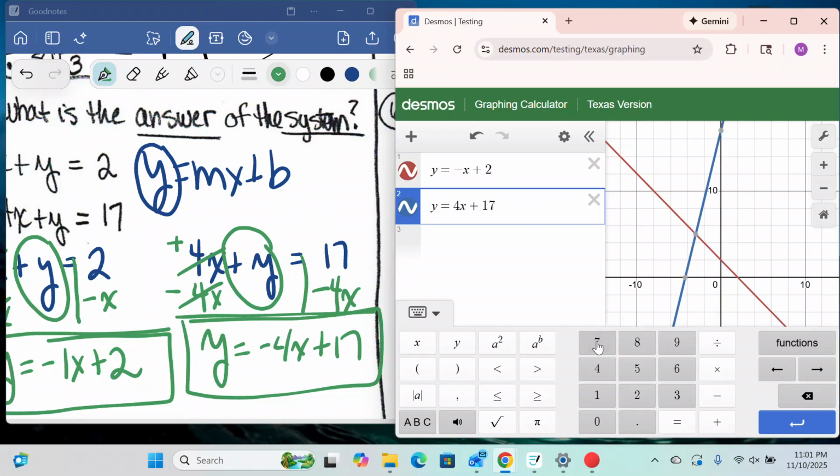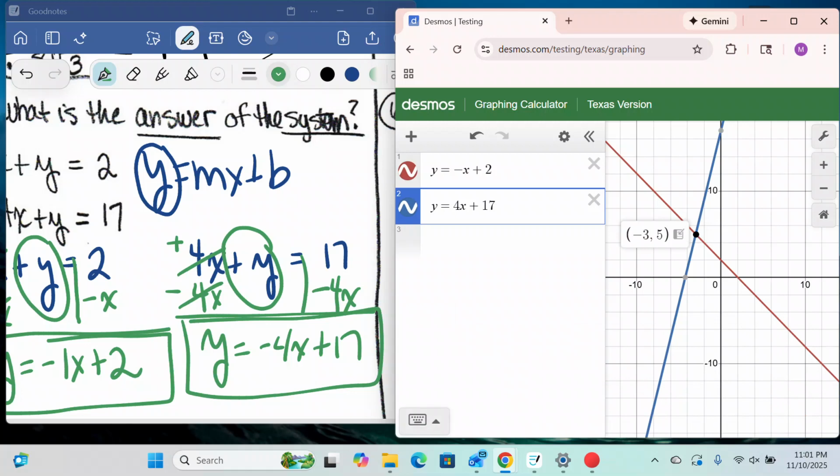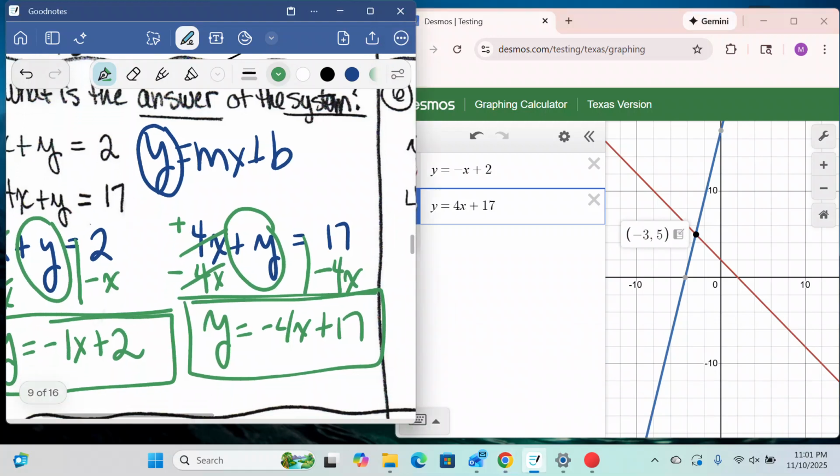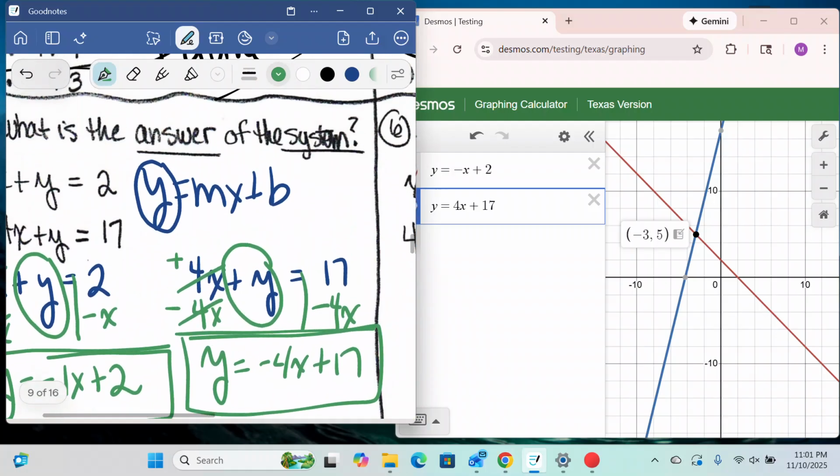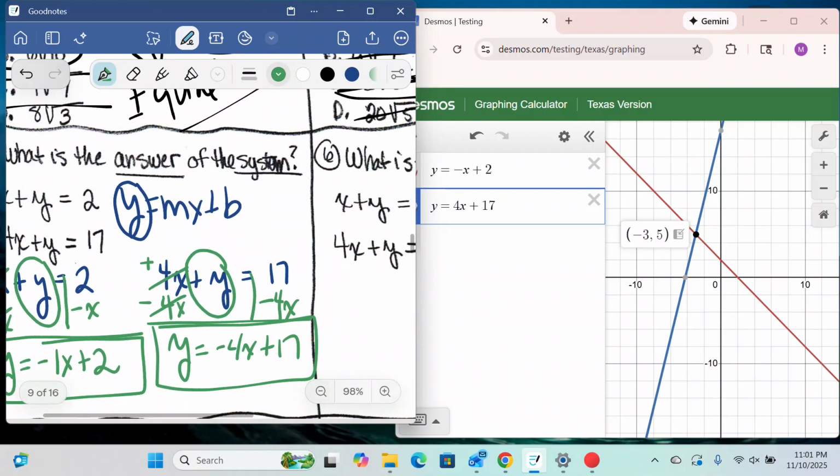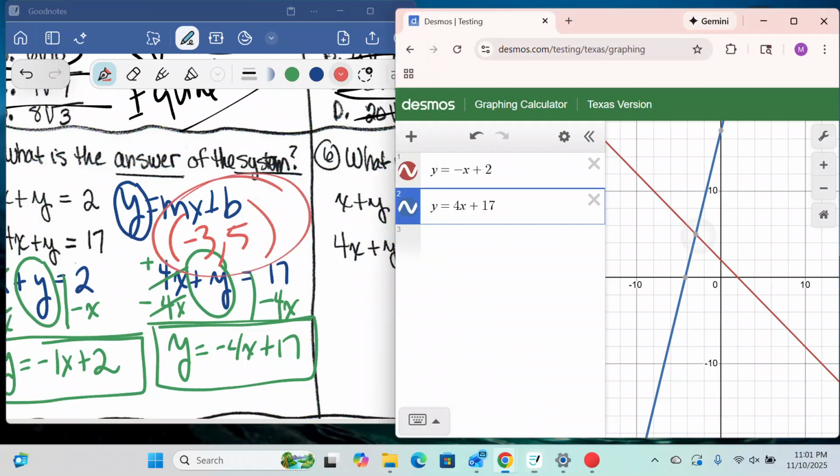And then I'm going to figure out where my red and my blue meet. And they meet at negative 3 comma positive 5. So that right there is my answer of this system. My answer to the system of linear equations is negative 3 comma 5. So it has one answer, and there it is.